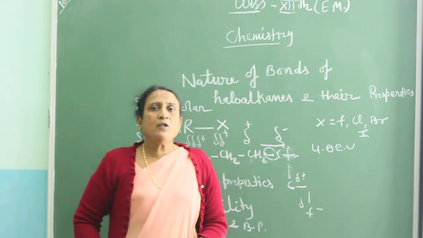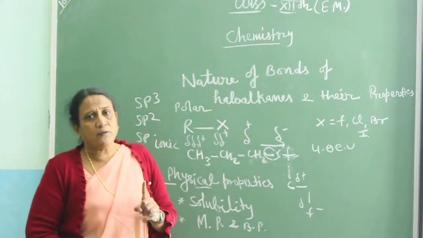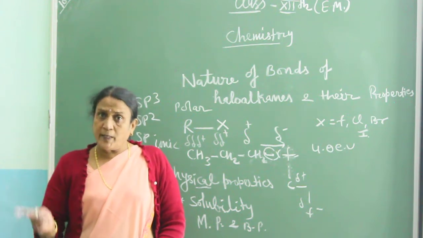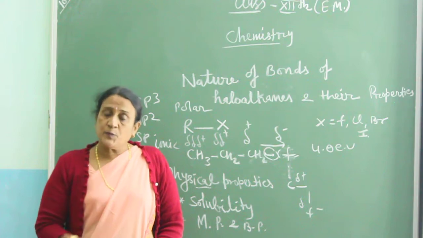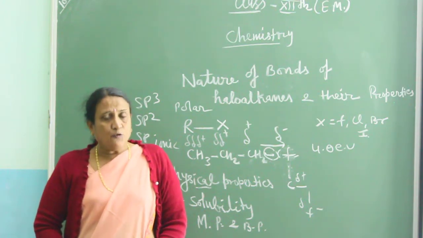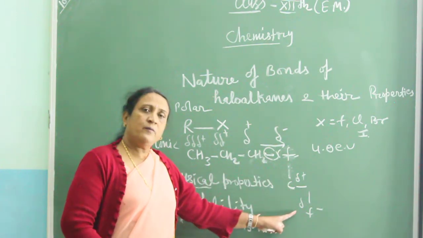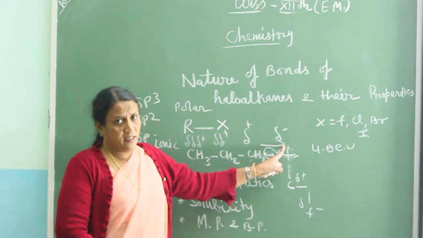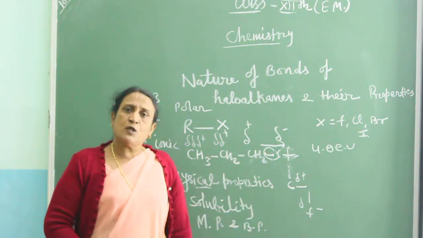And when molecules are associated, the first change seen in the compound is physical state. If it is expected to be a gas, it will be a liquid. If it is expected to be a liquid, it will be in the solid state. So the first change seen in a polar compound is the state of the material, which can be liquid or solid.